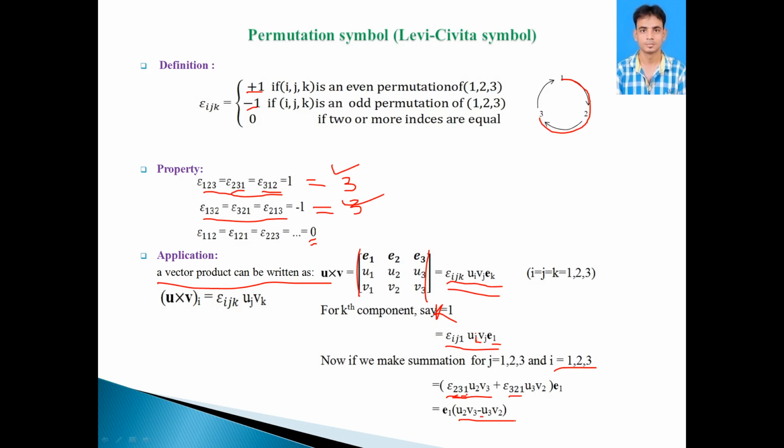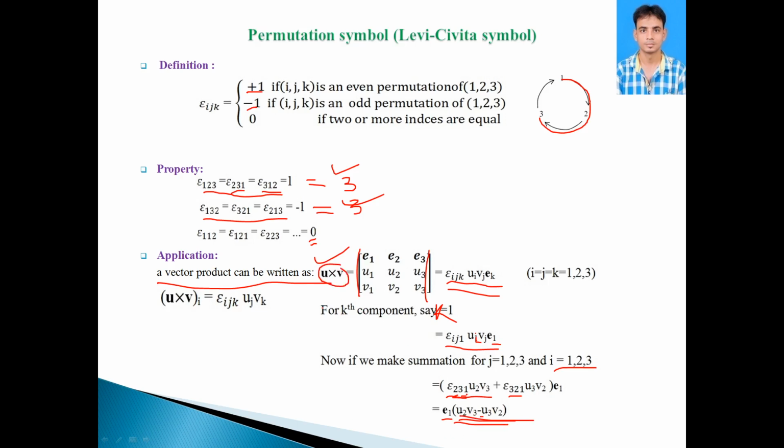So this is the first term of this cross product, because the cross product gives a vector, and e1 is the unit vector of this component. So this is the first component of the vector u cross v.